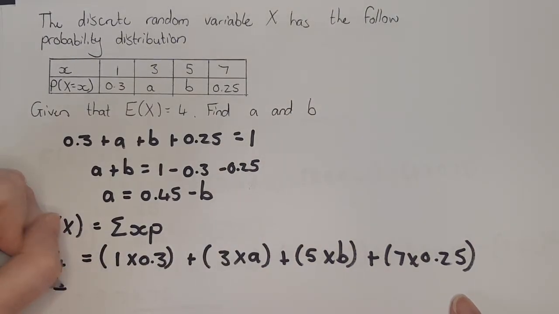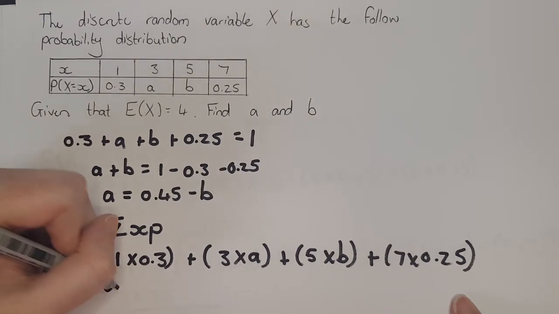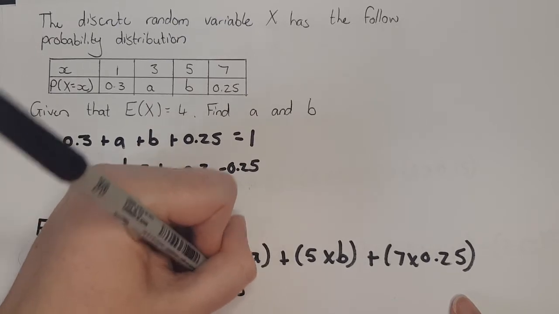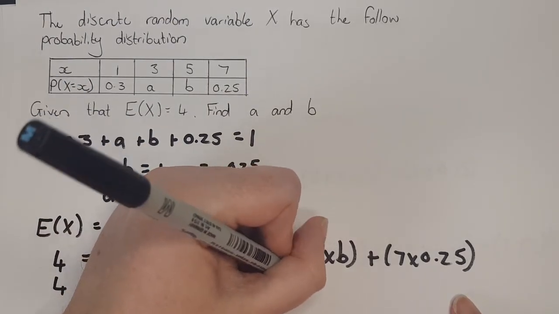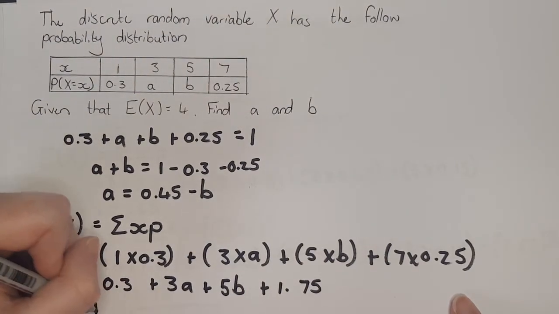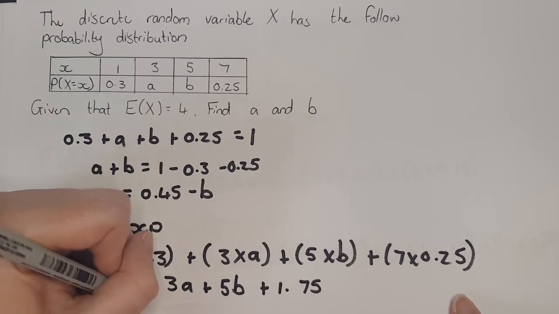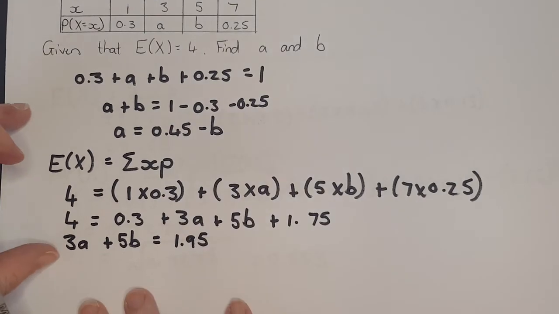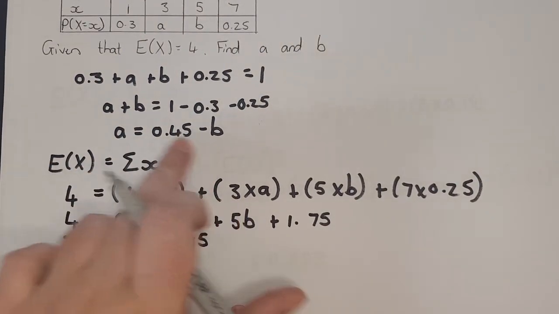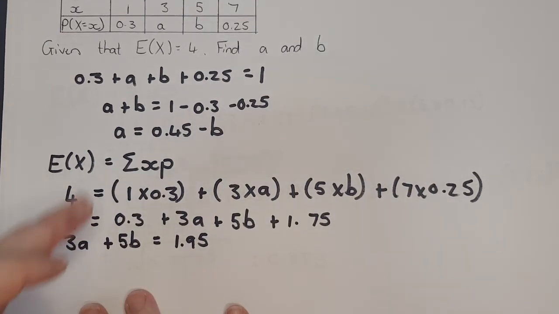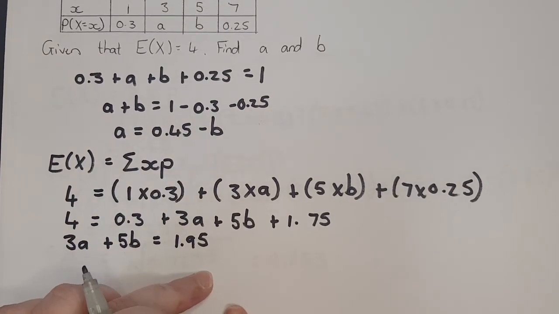If I simplify it, I've got 4 equals 0.3 plus 3A plus 5B plus 1.75. And if I manipulate that around, I get 3A plus 5B equals 1.95. Now I have an equation for just A, and another equation that includes A, so I can sub this one into here and solve for B.